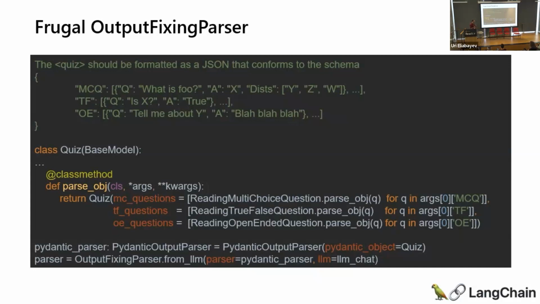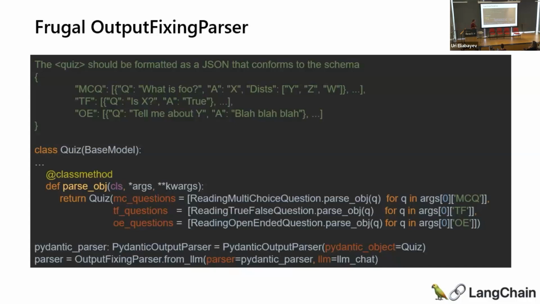So to reduce the amount of tokens that we used here, what we did is we just used a very nice shorthand for everything. This is a snippet that's part of the system prompt. In the snippet, we're telling it to build this quiz as a JSON that conforms to a schema. And for example, just stating MCQ, which is shorthand for multiple choice questions.